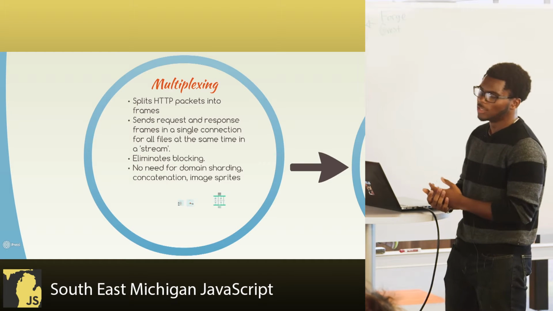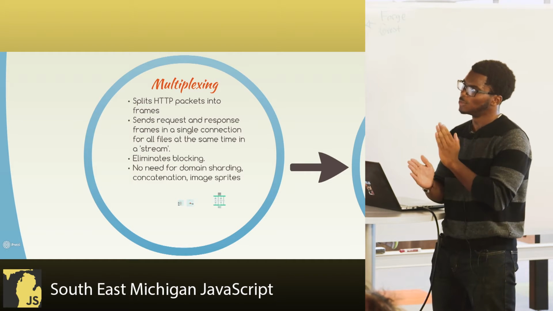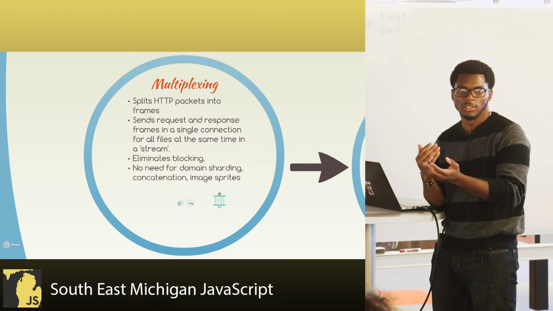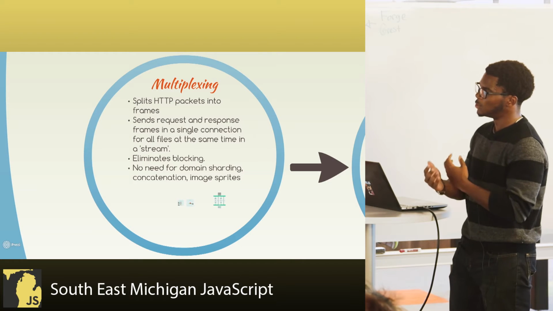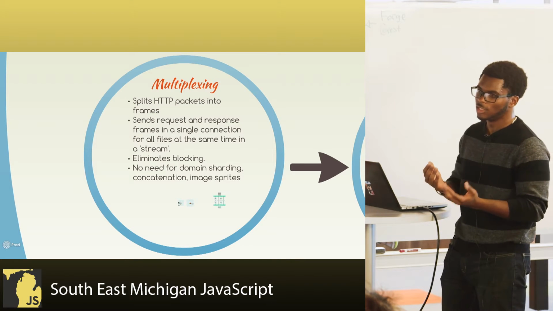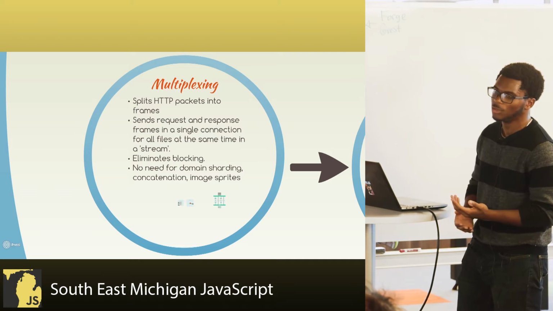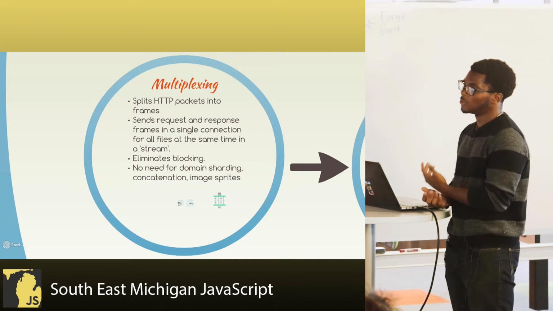But now, they use these things called streams, where you can use one connection and send multiple HTTP frames along it. So you can send pieces of each packet interleaved between each other, maximizing the performance of using a single stream without having to create a bunch of new ones. So that was a huge thing. It increases performance incredibly.